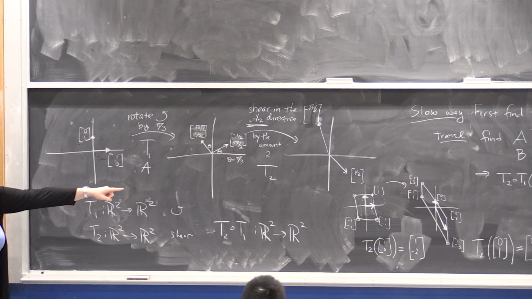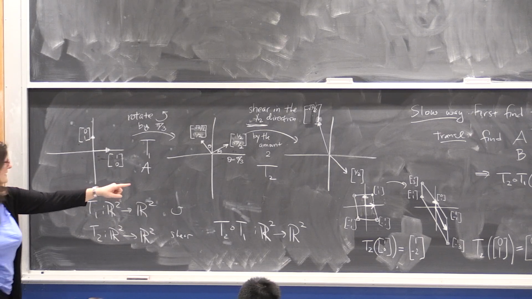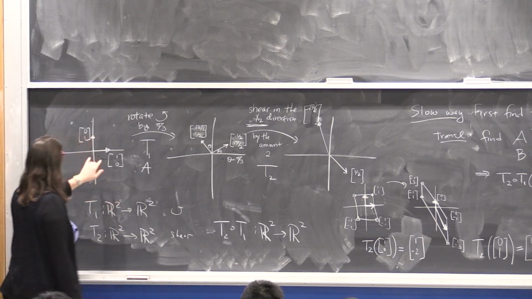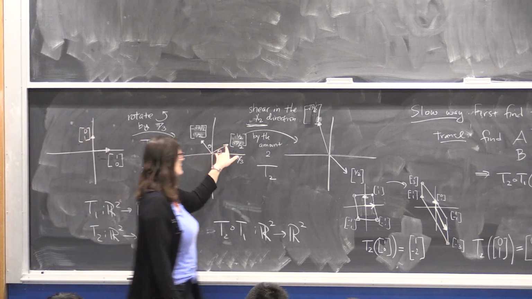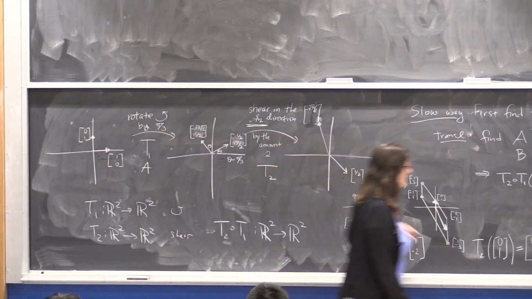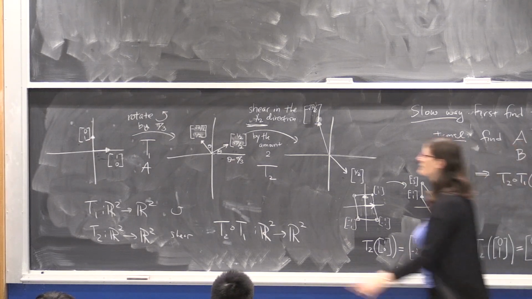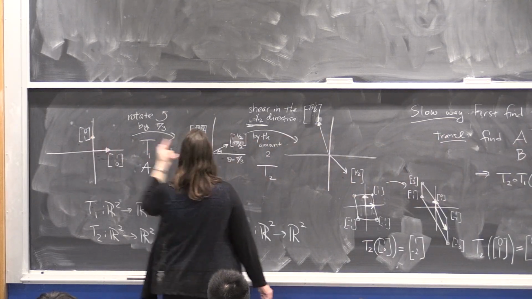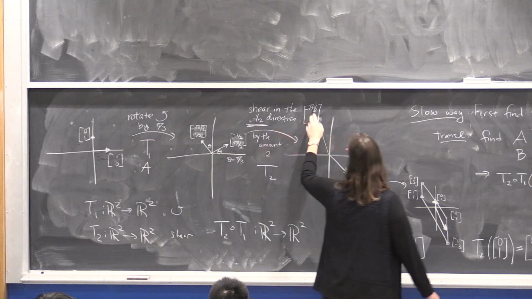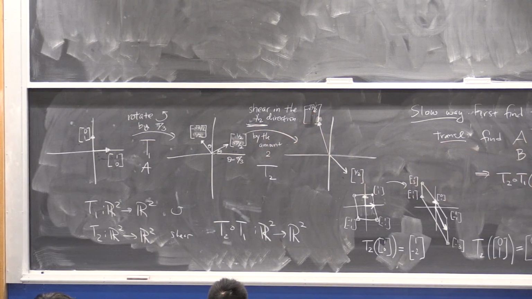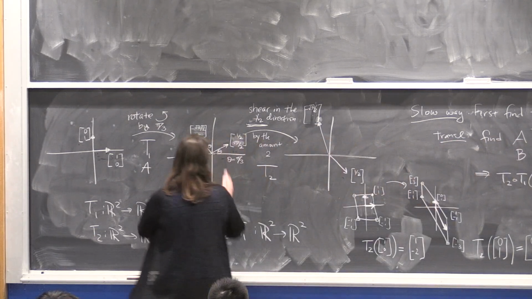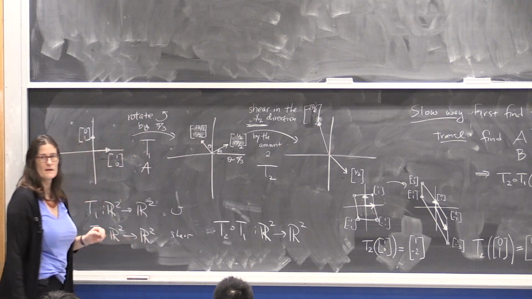And already you can see that the first row is going to work out, right? Because whatever happens to this vector is going to go into the first column, and whatever happens to this vector is going to go into the second column. And so you see already you've got the 1/2 and the minus root 3 over 2. Now you just have to figure out how much to shear up and down.